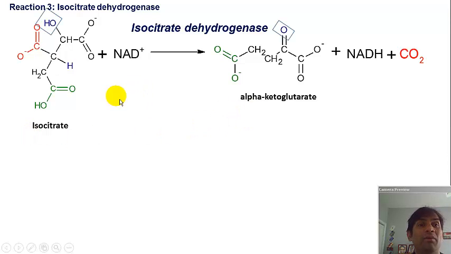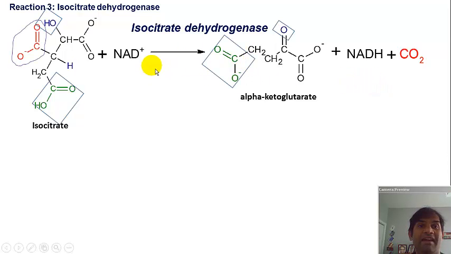If you take a look at what essentially is happening in terms of the atoms, this OH group is going to get oxidized to the C double bond O, and simultaneously, this NAD plus is going to get reduced to NADH. Notice that this COOH stays here, and this COO from the carboxylate gets decarboxylated to CO2.